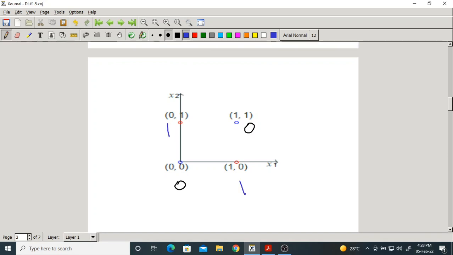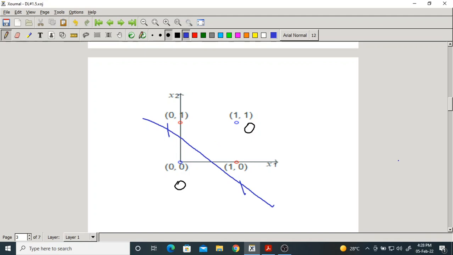Here in this scenario, you cannot draw a line such that it can divide the 2 sets of inputs. Okay. Suppose if you draw a line like this, what's happening? It is not separating blue points and red points.